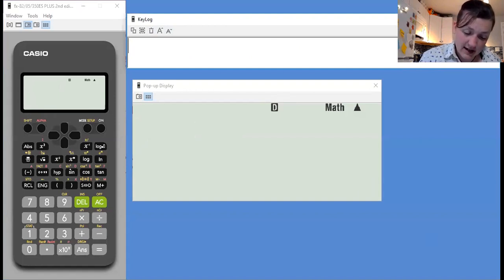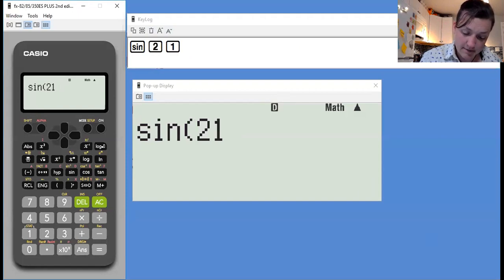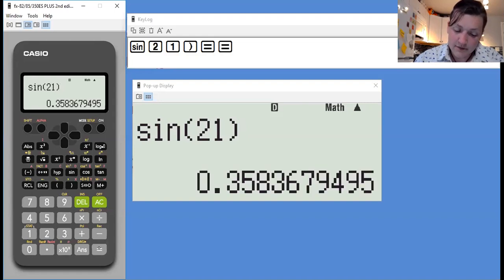Just to clarify, this screen right here is a blown up version of the small screen on my calculator so you can see it better, and the one on the top shows each button that I push in the order that I push it. So sine of 21 equals.